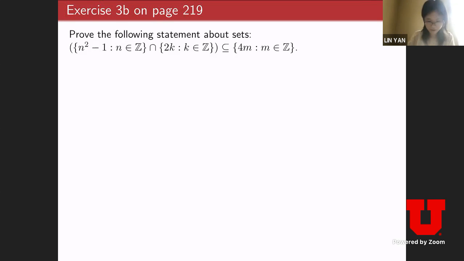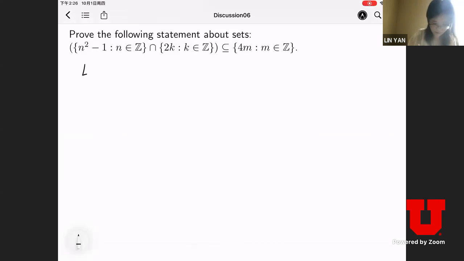Okay, let's get started. Let's start from the left-hand side. As we discussed before, we should choose an element from the left-hand side and then prove that this element also belongs to the right-hand side. So X is an element from the intersection of these two sets.